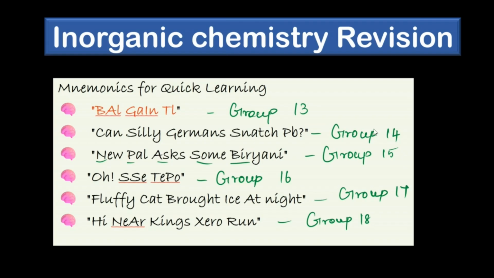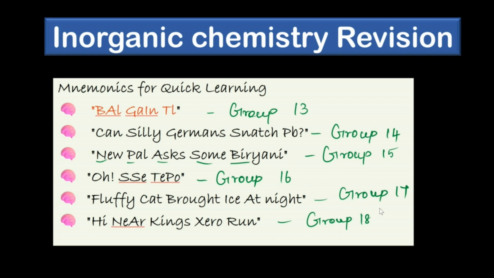So now we are moving on to group 13 to 18, the P block elements. Here I have given the list. You can remember it for groups 13, 14, 15, 16, 17 and 18. Group 13 starts with boron, aluminium, gallium, indium, thallium. Group 14: carbon, silicon, germanium, tin, lead.